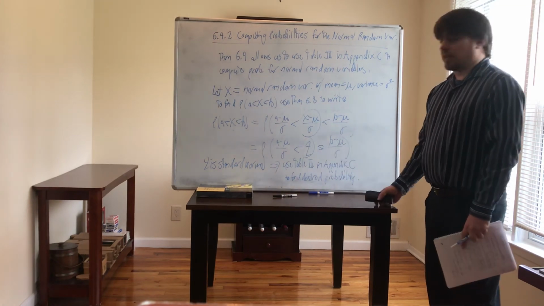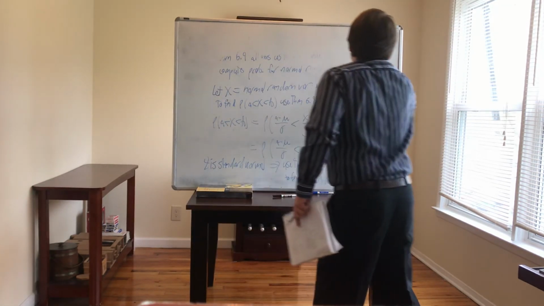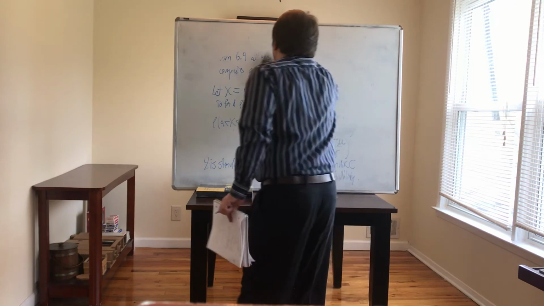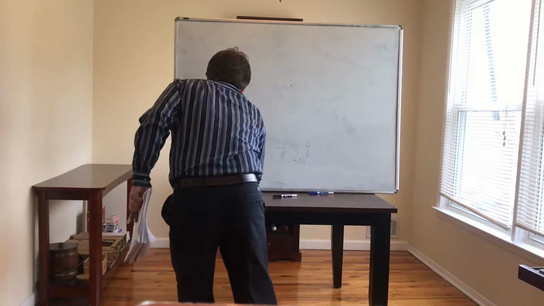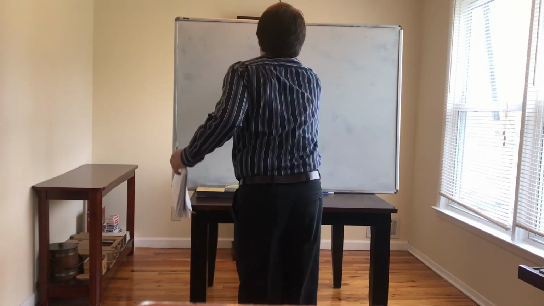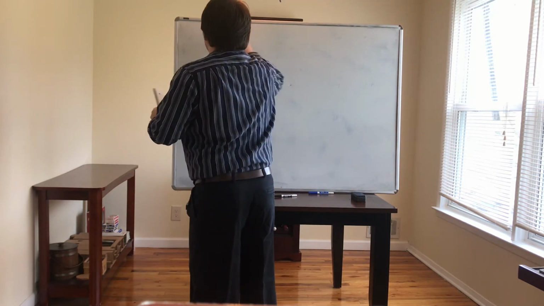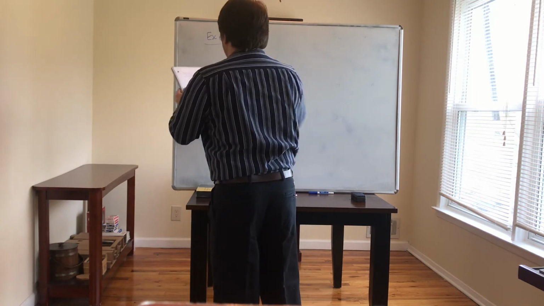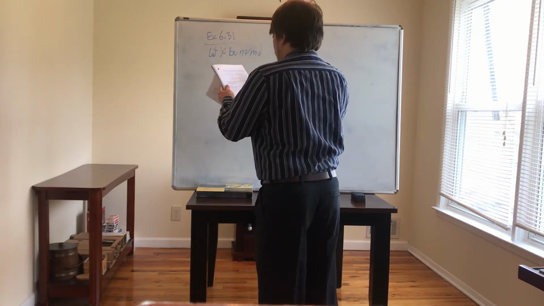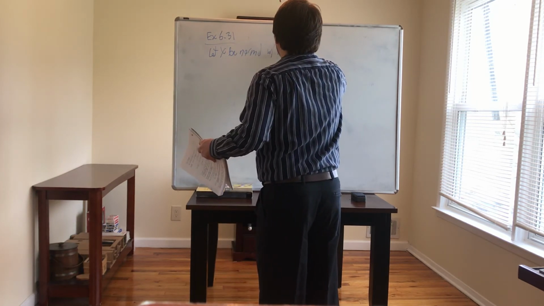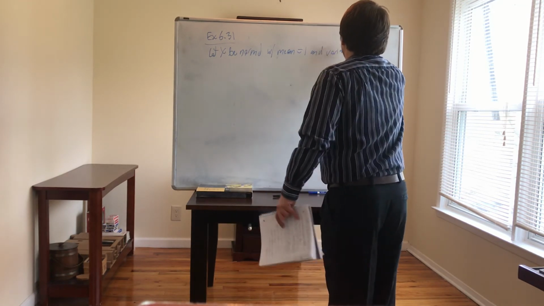Okay, so in the next example, I'll illustrate how that's done. So that's this example. Okay, so example 6.31, let x be normal with mean equal to 1 and variance equal to 4.